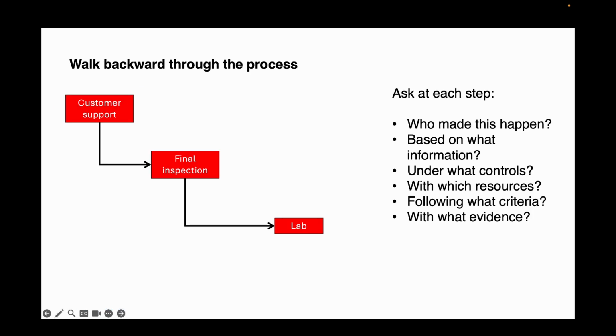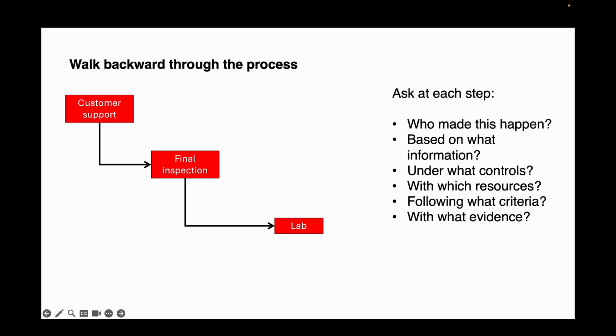Now, once I start with the effect, I can walk backward through the process. And at each step, I ask the same kind of questions. Who made this happen? Based on what information, under what controls, with which resources, following what criteria, and with what evidence?